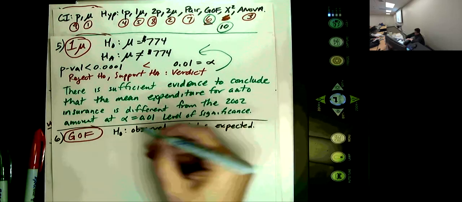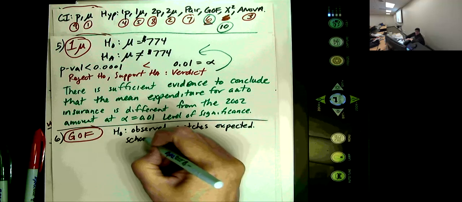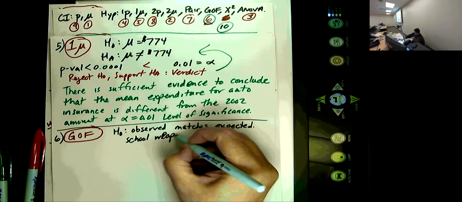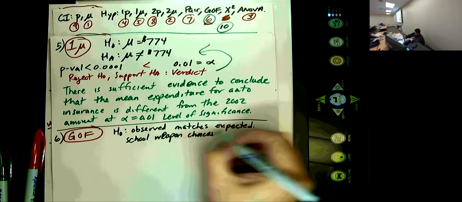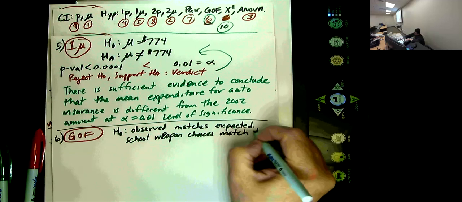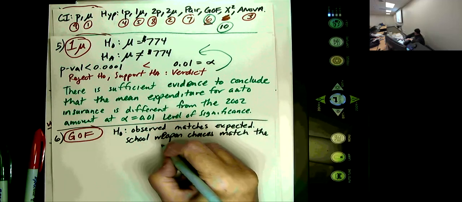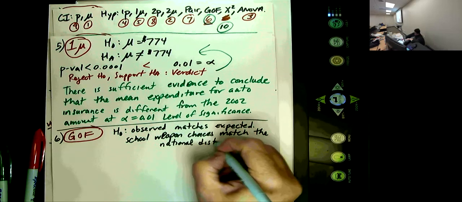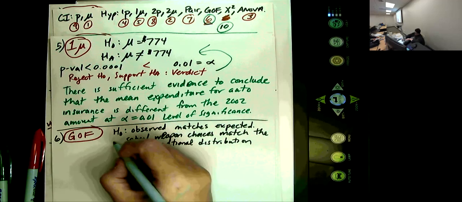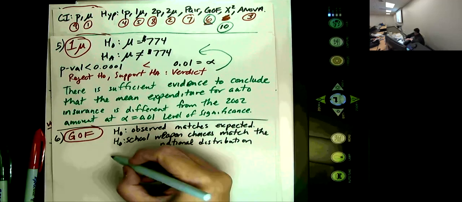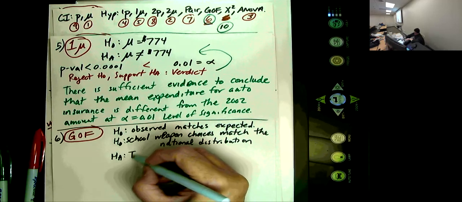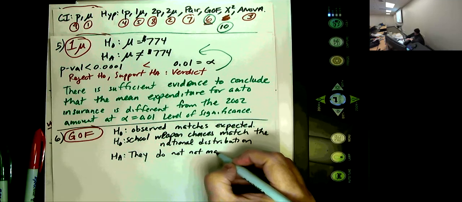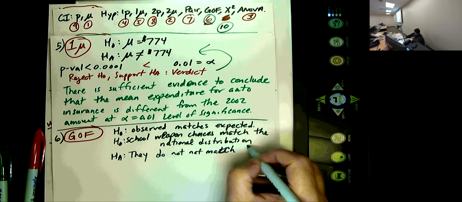Say the school weapon choices match the national distribution. That's probably a better way of saying H naught on this one. HA would be they do not match the national distribution.